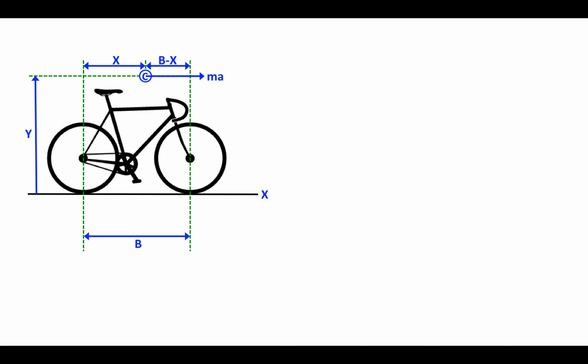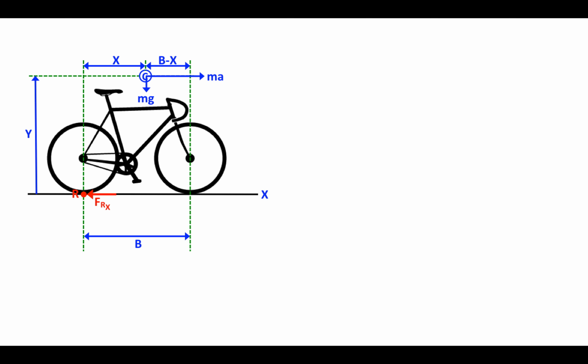The forward force from the center of mass is mass times acceleration. The vertical force on the center of mass is also mass times acceleration, but in this case, acceleration is the gravitational constant g.